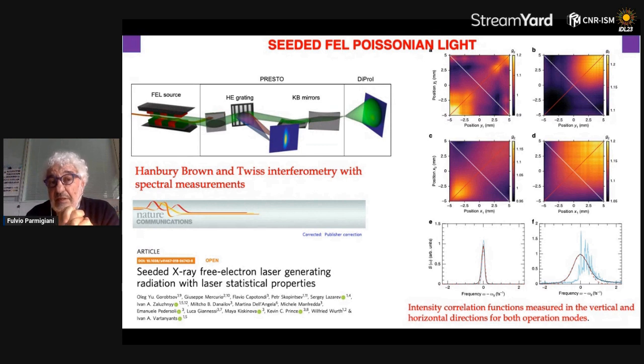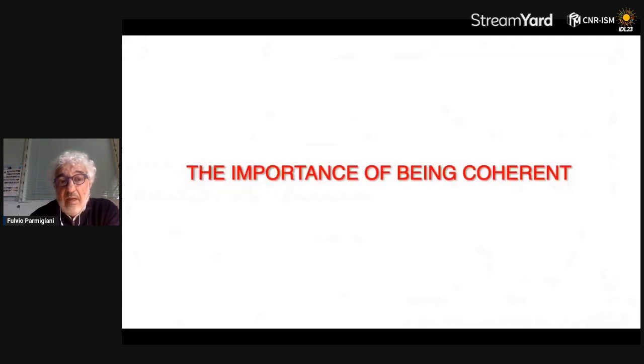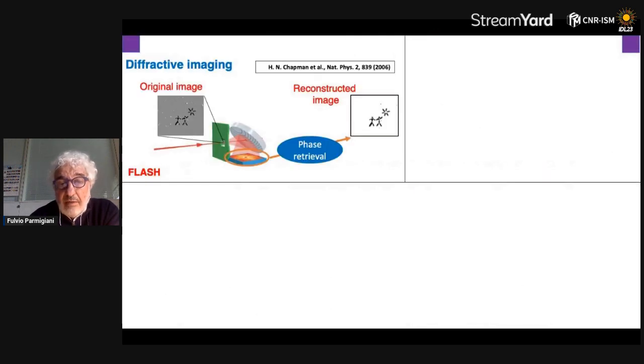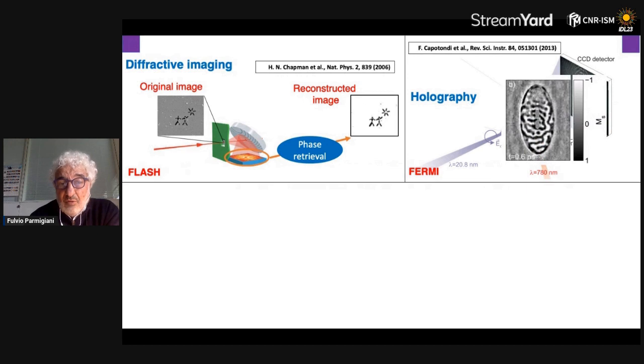That means that the light that is generated here with the seeded FEL is a Poissonian light. So in this respect, we can say that this light is very similar to a laser light, but this is not yet a quantum light. To be a quantum light, as I said, we need to do something else, because it has to be coherent at any degree of coherence.